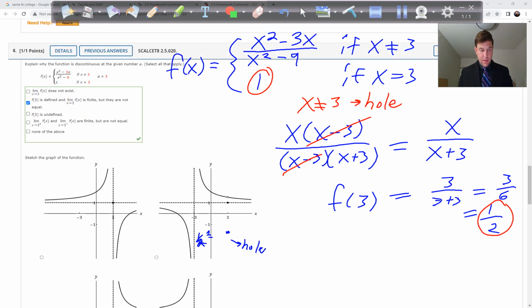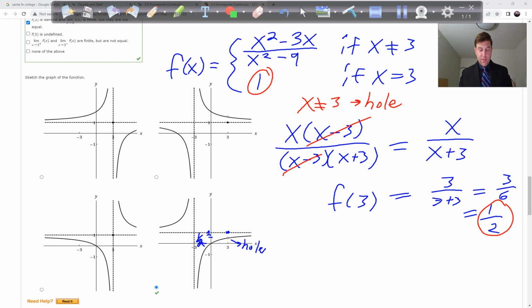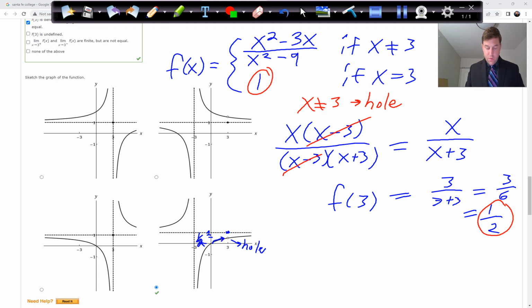It's saying explain why the function is discontinuous at the given number. So it's discontinuous because, okay, the limit of this would both go to 1/2. So from both sides, the limit as x approaches 3 of the function equals 1/2, but f of 3, the function evaluated at 3, is 1, the filled in dot.